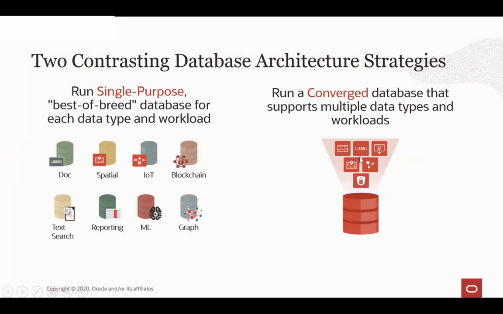Like JSON, spatial, graph, and also workloads like ML and in-memory, and there's also access with ORDS. So the Converged DB hosts multiple data types, and this is a great benefit to the development team. Now the dev team can use REST data services, which is an ORDS technology, to generate valuable insights across the different data types we see over here.